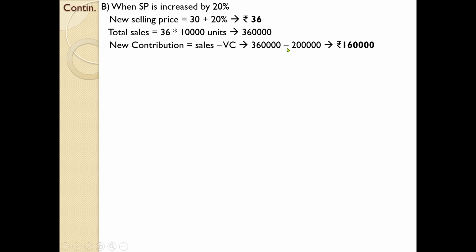Sales is 3,60,000 minus variable cost, which remains the same, because here the only change is selling price, not the number of units. When number of units change, variable cost also will change. Here the selling price is the only change. New sales is 3,60,000 minus 2 lakh. New contribution is 1,60,000.